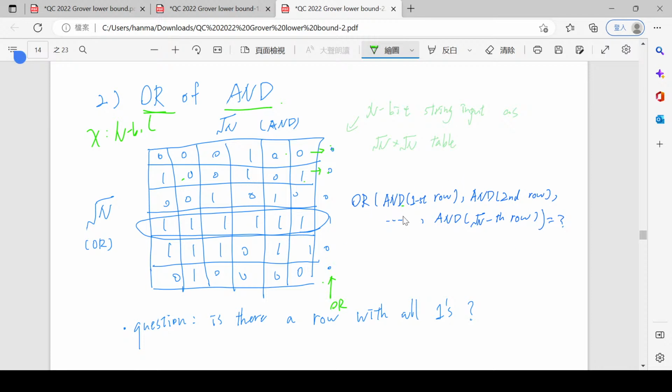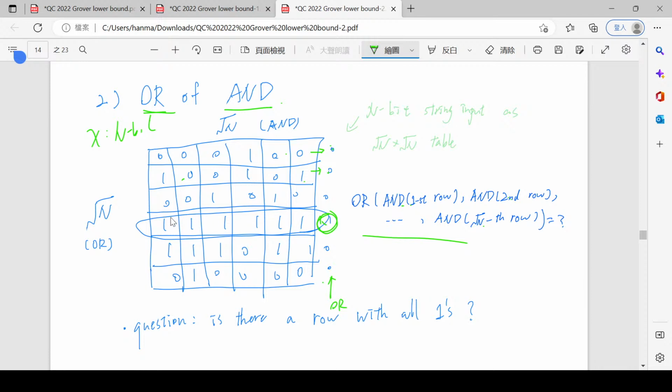So we want to compute this function, which is the AND of the first row and second row all the way to the AND of the nth row, and the OR of all those results. So that's the OR of different ANDs. And in terms of this picture, you can also say that the question is: is there a row that's all 1s? Because you want to see, is there a 1 somewhere? And when there is a 1, you know it's the AND of everything, so it's all 1s here.